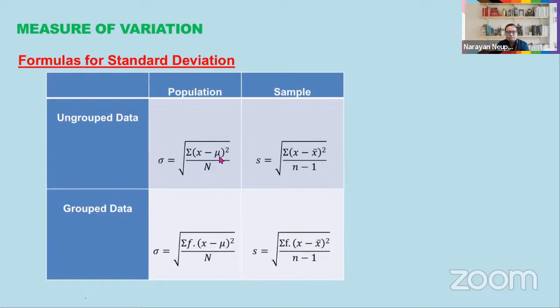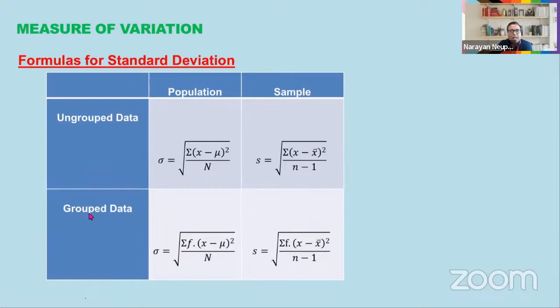Sum of x minus mean, that is the population mean, squared over the population size. But for the sample, you can see that the formula looks similar. X minus mean, the sample mean, squared, divided by n minus 1. In case of sample, in the denominator, we have n minus 1. You can see in both formulas.